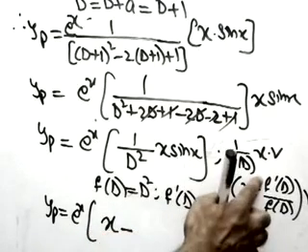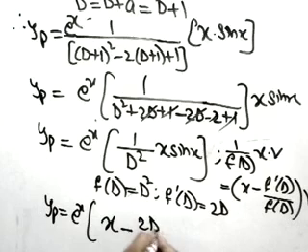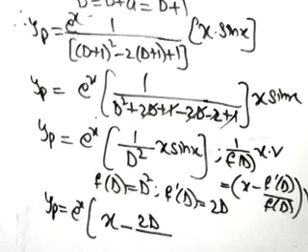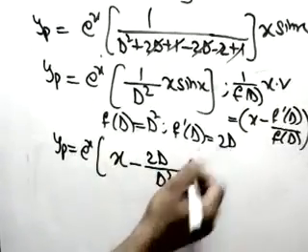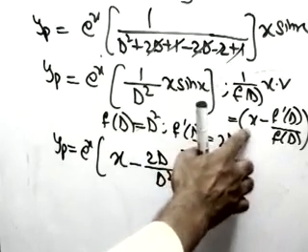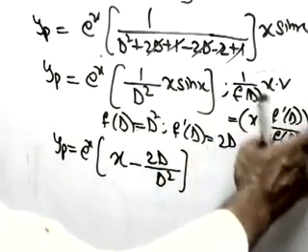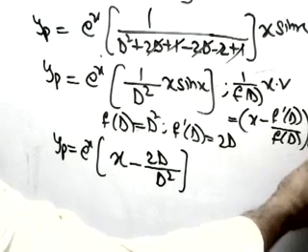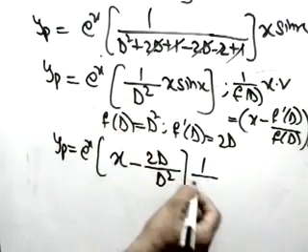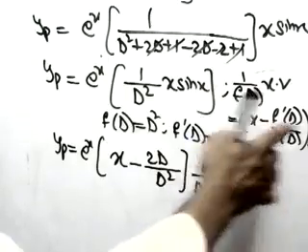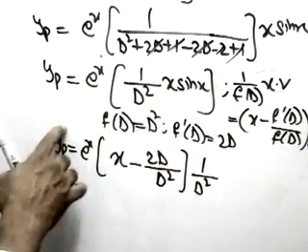Now what is the formula here? x minus f'(D) is 2D, divided by f(D), and f(D) is D², into x minus f'(D) by f(D), again into 1 by f(D). f(D) is D² into V.